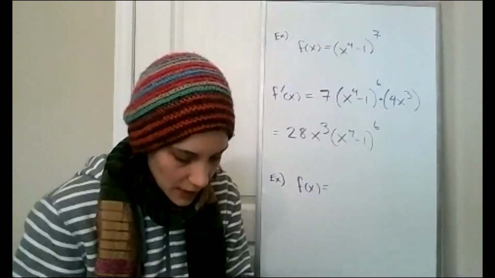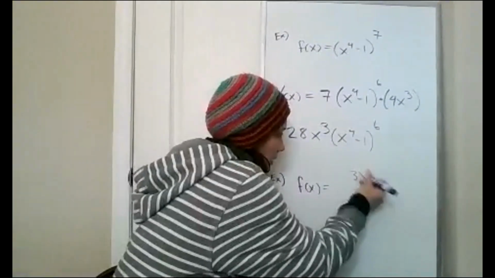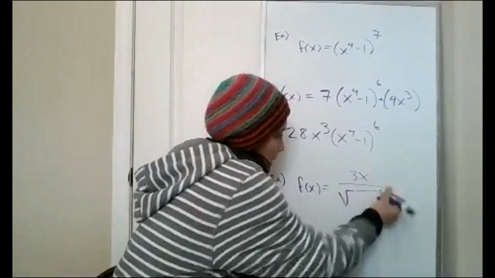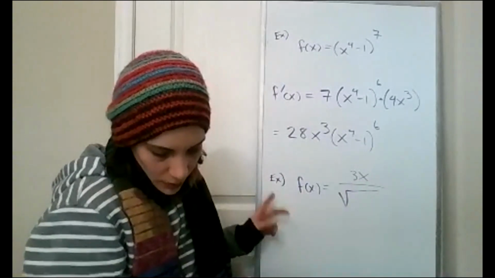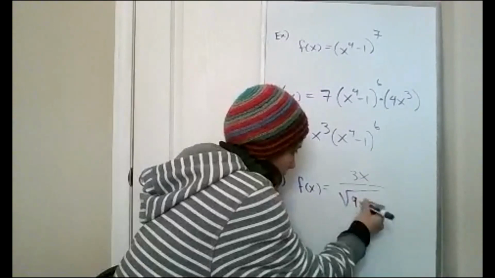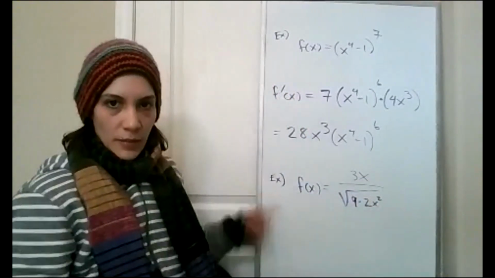This looks cool. It's 3x over the root of 9 minus 2x squared. Okay, let's take that derivative.